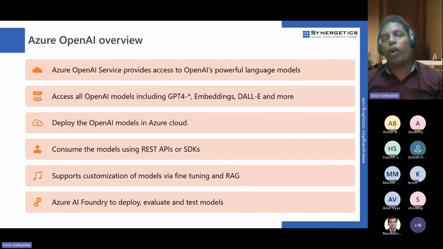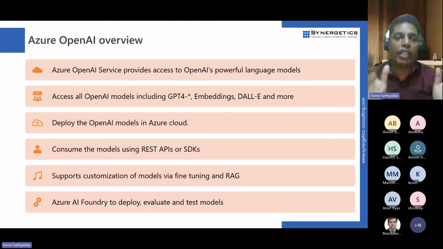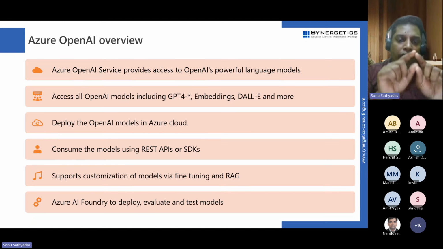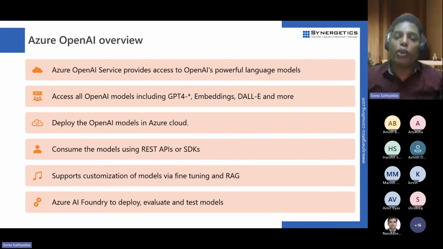Means if you are an application developer, you can consume these models directly via the REST APIs. Means there will be an HTTP endpoint and the authentication key. So you can use this HTTP endpoint and the authentication key to consume this model.